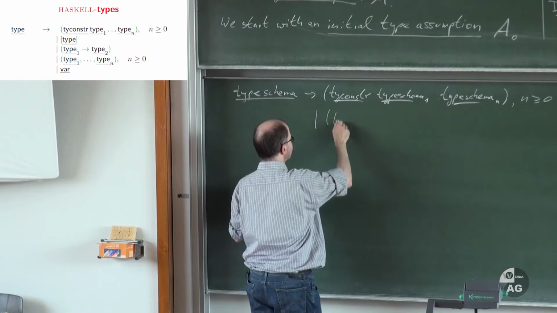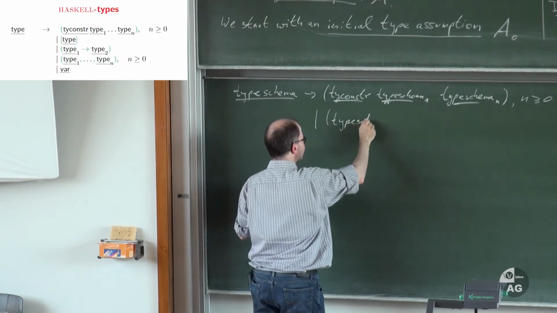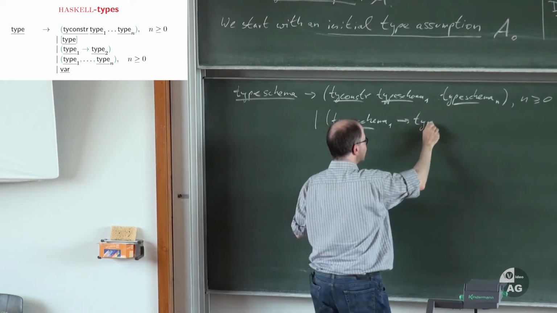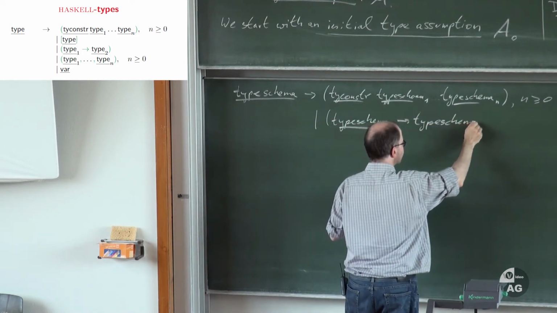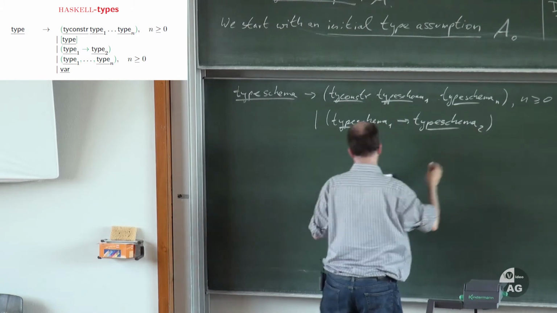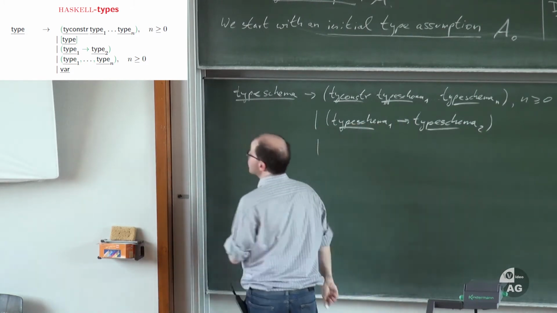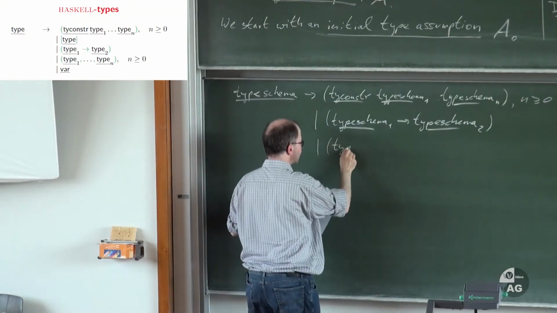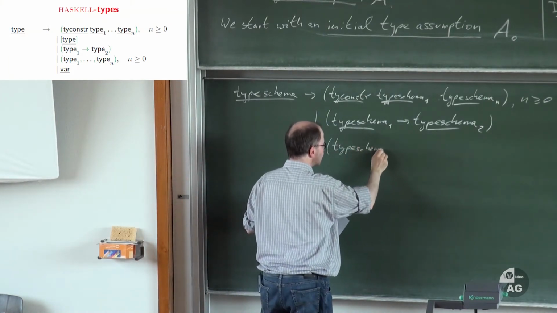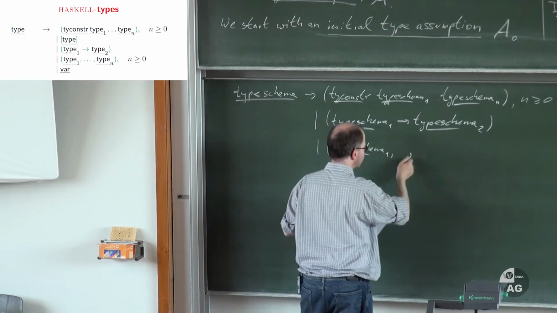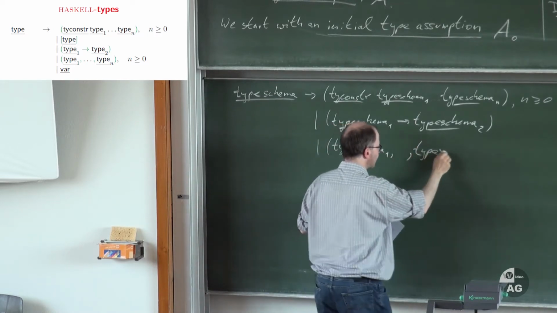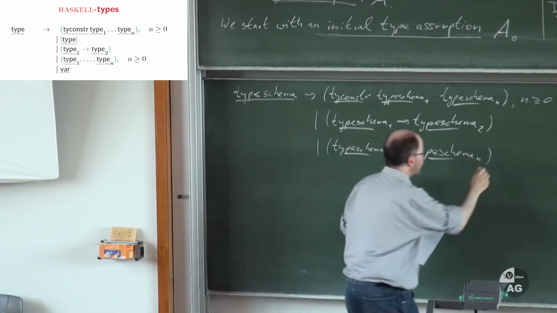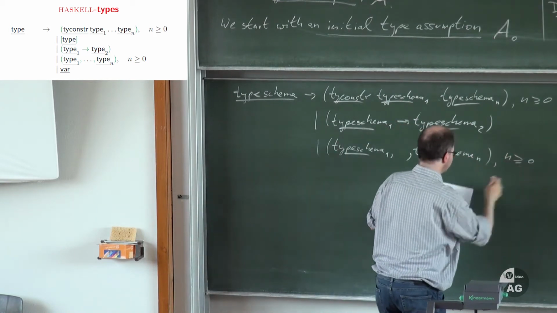So you could take type schema 1, arrow, type schema 2, that's again a type schema. Then what else do we have? We can build tuples. So that's also possible for type schemata. So you can take type schema 1 ... type schema n, where again n is greater or equal to 0.